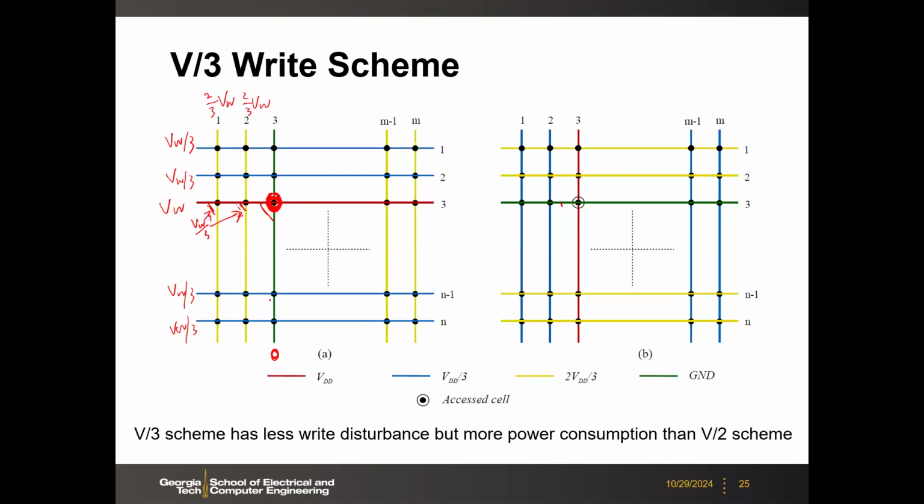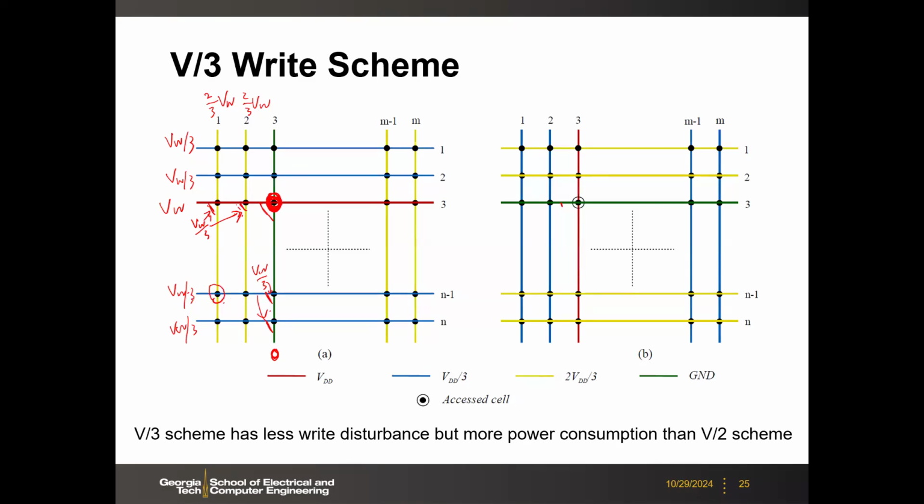So here, for the same column, you can also check that those cells will also have V over 3, right? Oh, good. Then what would be the trade-off? The trade-off here is that you check those cells, okay?